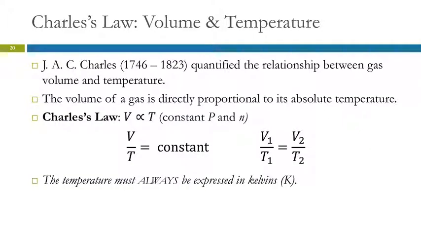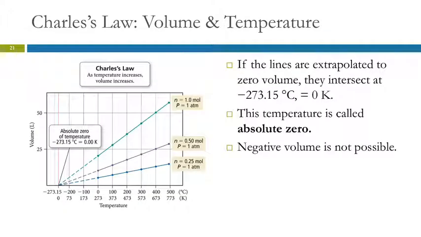If you look at this equation, we've got temperature in the denominator here. What happens if you divide by 0? It's undefined. You can't divide by 0. This equation will not work if we have any zeros. And it's not going to work with the Celsius scale anyway. So we have to use kelvins, the absolute temperature.